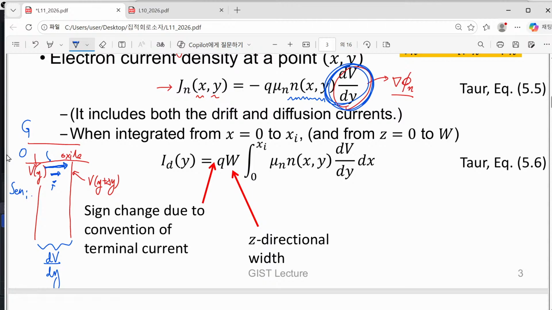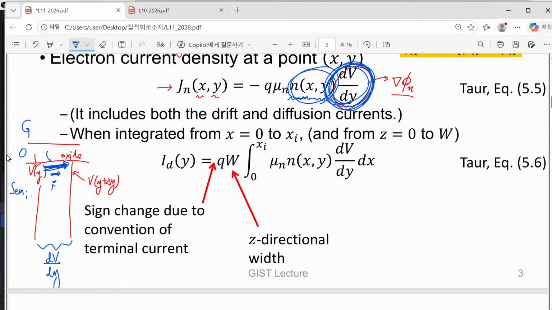So although this y-directional component is shared, the current density follows the depth profile of the electron density. When electrons are many, we can expect strong electron conduction, and if we go slightly deeper into the substrate, there is almost no current conduction at all.